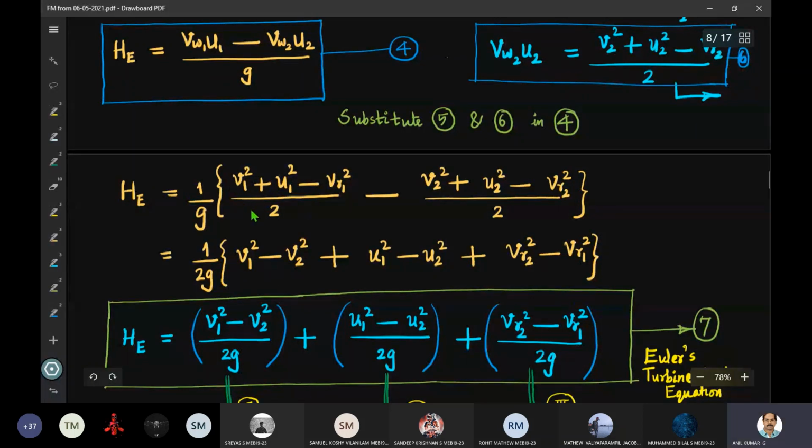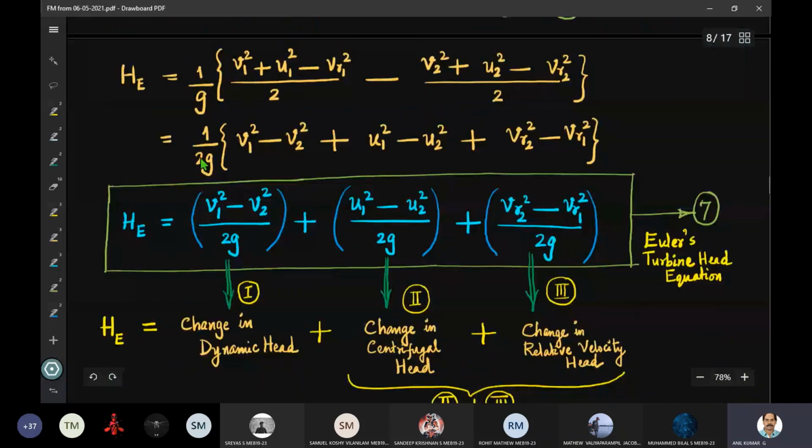When you group it properly, taking V1 square and V2 square, you can group it as V1 square minus V2 square, then plus U1 square minus U2 square. Then consider minus VR1 square, and this term, when you open it, will become plus VR2 square. So VR2 square can be written in front because that is plus, then minus VR1 square. So that order is reversed.